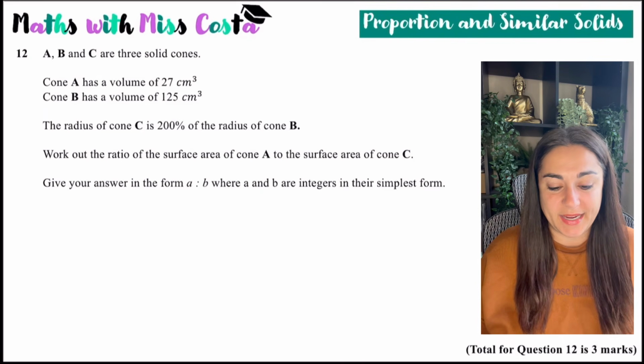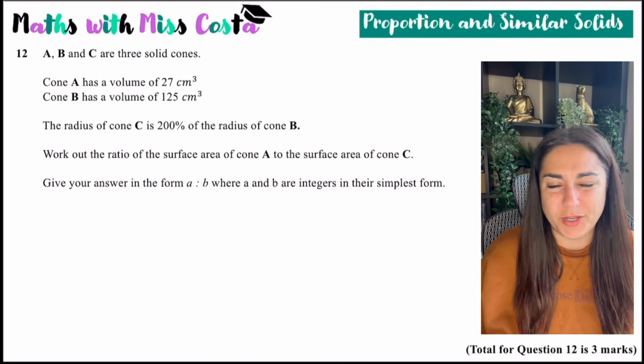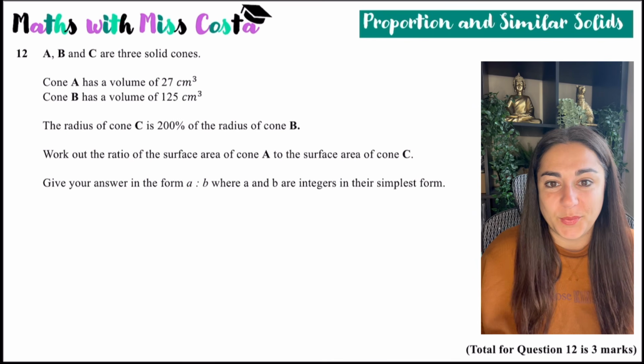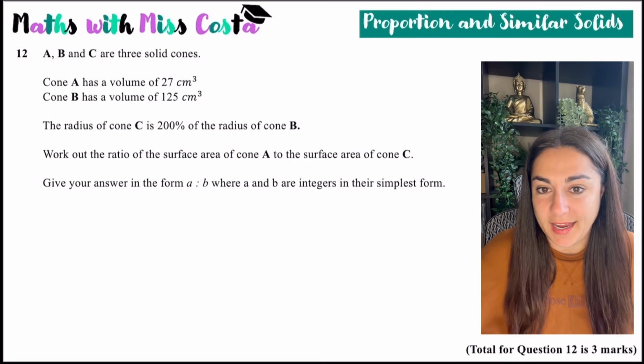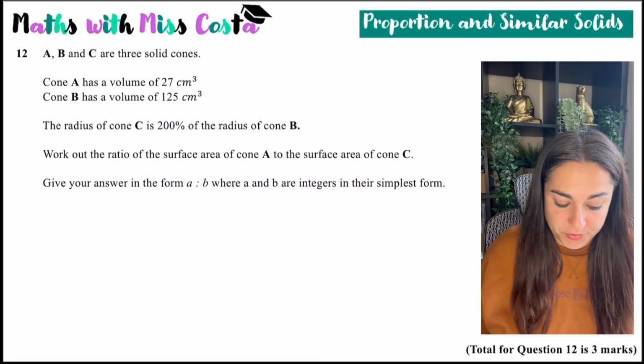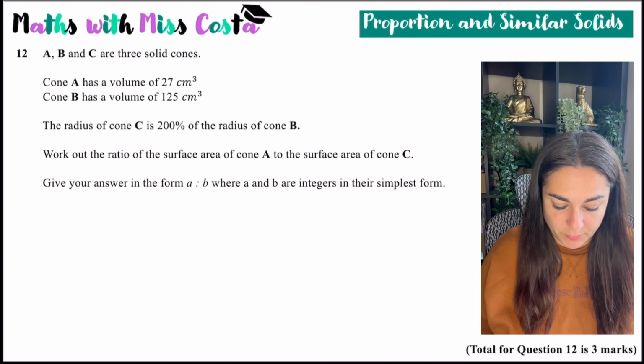Okay, so here we have a question that relates to volume, area and length scale factor, which is a commonly confused topic. So I'm told that A, B and C are 3 solid cones. Cone A has a volume of 27 centimeters cubed and cone B has a volume of 125 centimeters cubed.